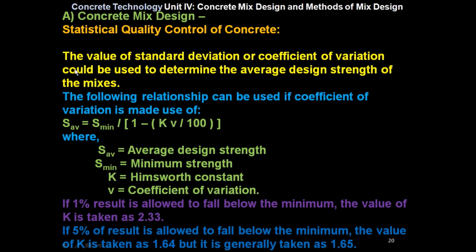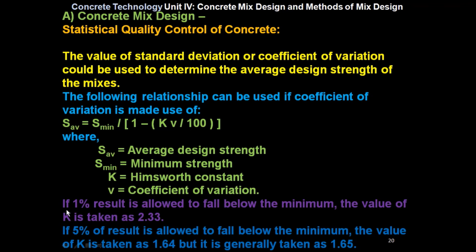The value of standard deviation or coefficient of variation could be used to determine the average design strength of the mix. The following relationship can be used if the coefficient of variation is made use of: S_av is equal to S_min upon (1 minus KV upon 100), where S_av is equal to average design strength, S_min is equal to minimum strength, K is equal to Himsworth constant, and V is equal to coefficient of variation.